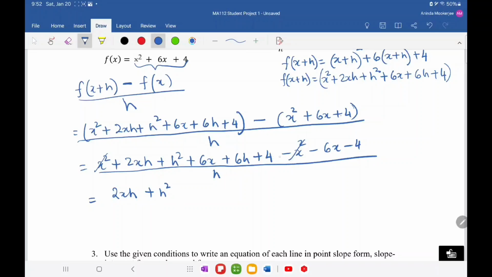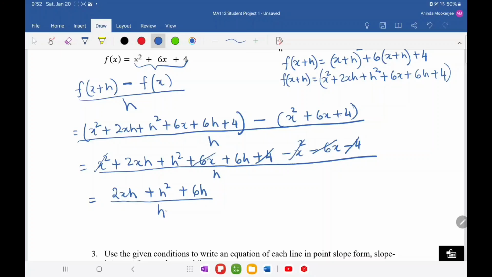So we have 6x here, right? So plus 6x minus 6x becomes a 0. So we can remove that. And then we have plus 6h. Do we have any other term with h in it? No. So that stays plus 6h. And then the plus 4 and this minus 4 zero out. So I'm going to cancel those out, and now we have 2xh plus h squared plus 6h divided by h.